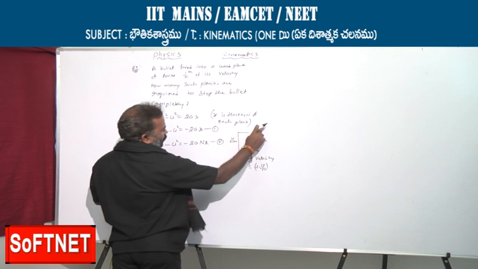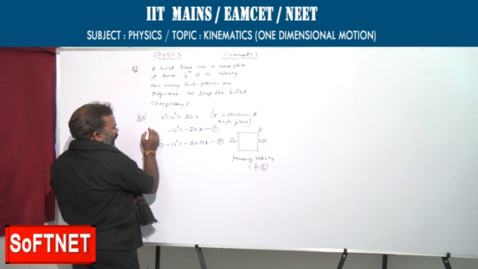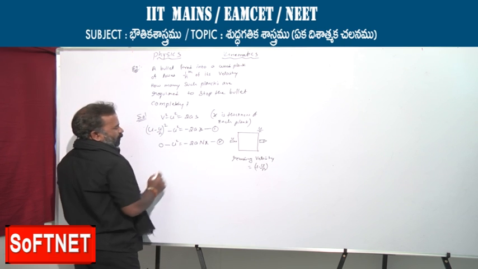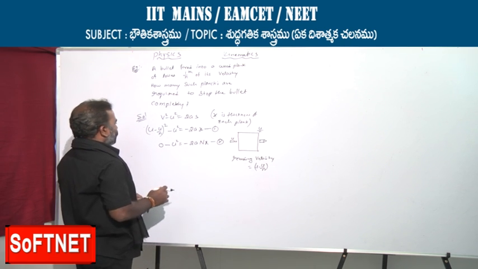The lost velocity is u/n. So then we get (u minus u/n) whole square minus u². This way it is simpler.